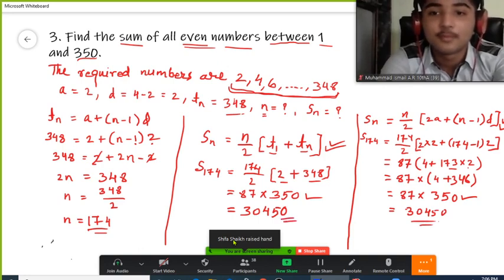You can have the same answer, whichever of these two formulae you use.